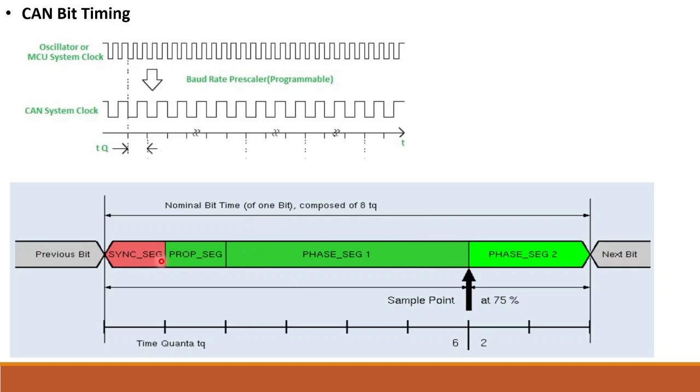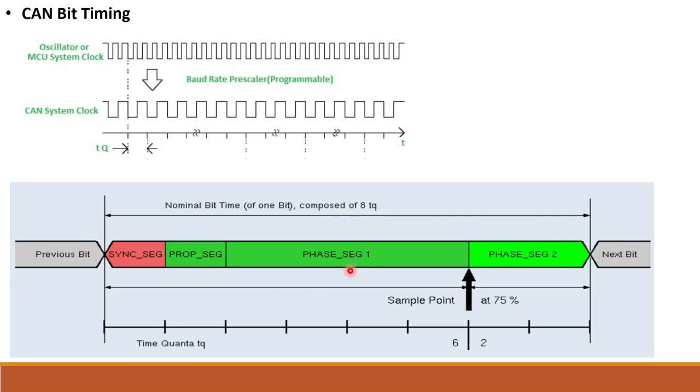This is for synchronization, this is for the transmission delay between the nodes, and these two are for resynchronization purposes. Here the sync segment is always only one time quanta, only one low to high. This is fixed in all the controllers. And the other three may vary, up to 1 to 8. This propagation segment may represent 1 to 8 time quanta.